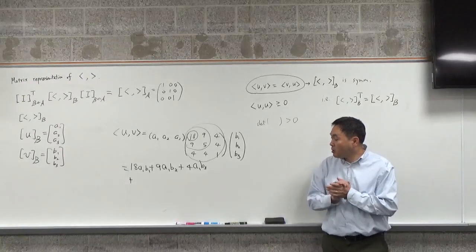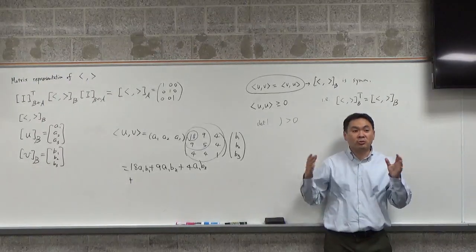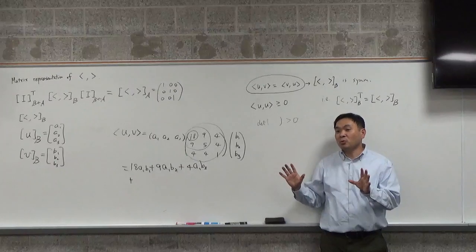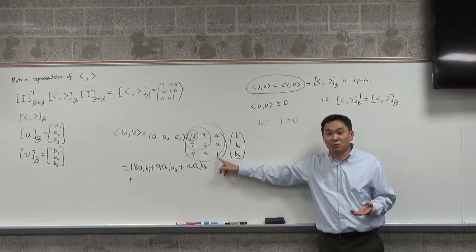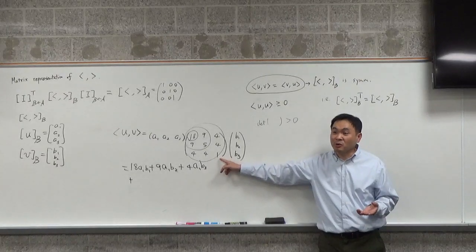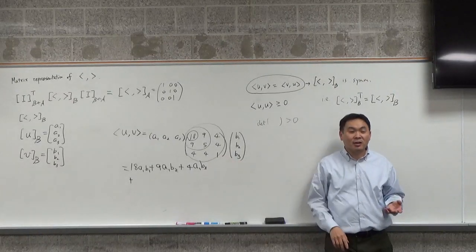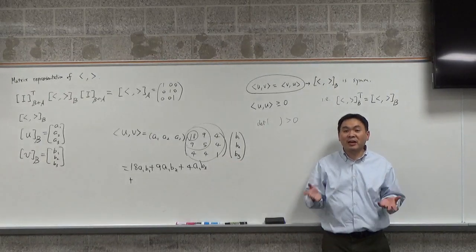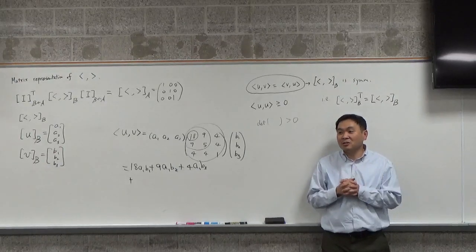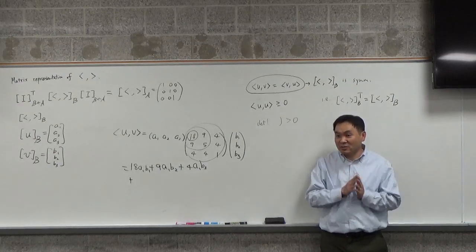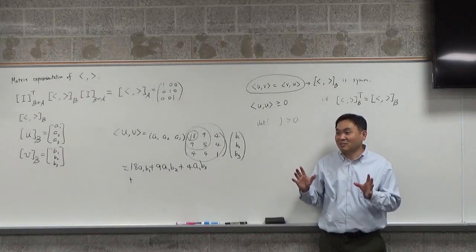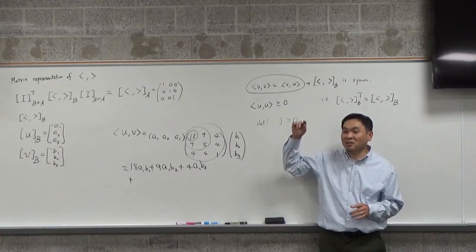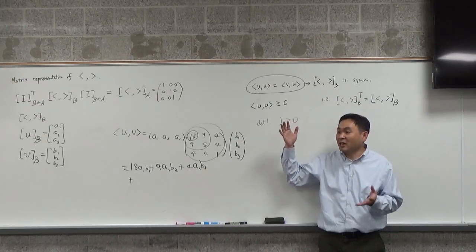Next time, we're going to start with some given inner product obtained by some weird inner product rules. And from that, our concern is, can we find another basis that makes the inner product look nice? And nice meaning it looks like the diagonal 1, 1, 1, the identity matrix.